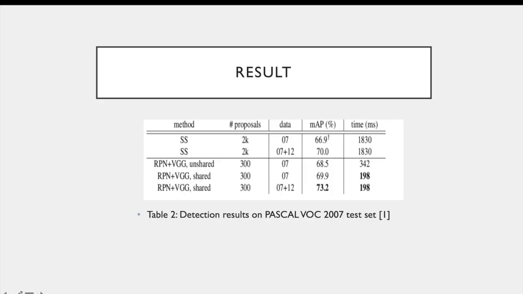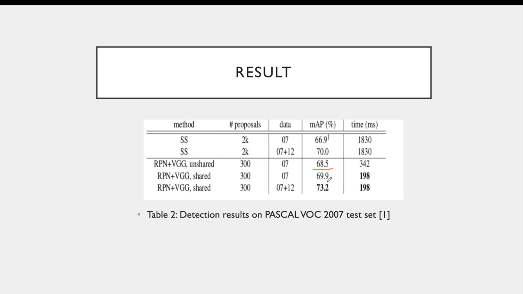Moving to the next table. From table 2, we can see that with the RPN and VGG unshared, the Fast RCNN gets 68.5% for unshared features, slightly higher than the selective search baseline. The point this paper is making is that the proposals generated by RPN are more accurate than selective search.